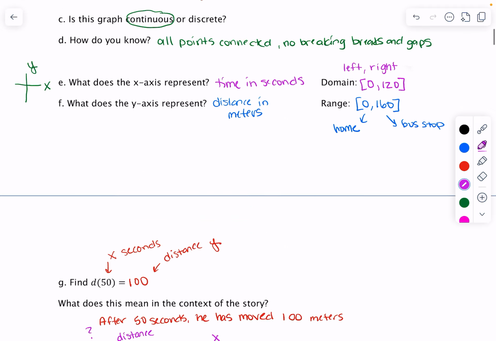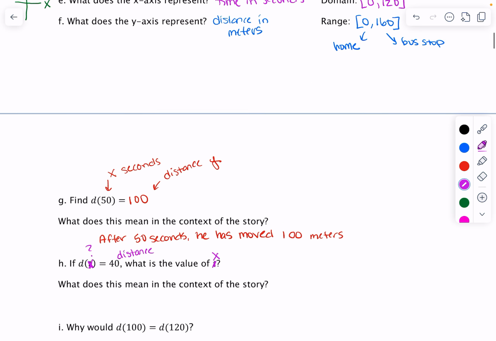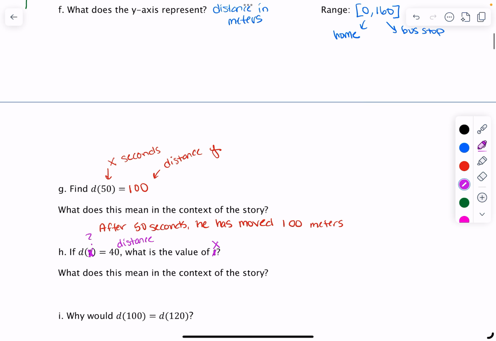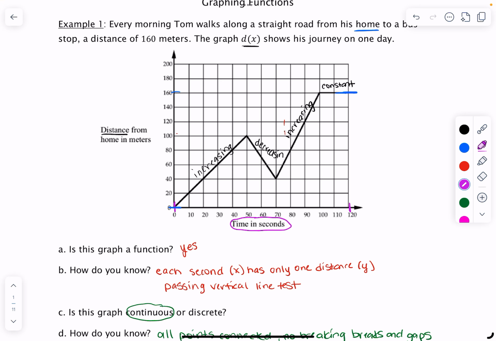Well, let's look at the distance of 40. I'm going to erase this just to make it a little more clear. Looking at 40, that means if I look right here at 40 and I go over, what is that x value?